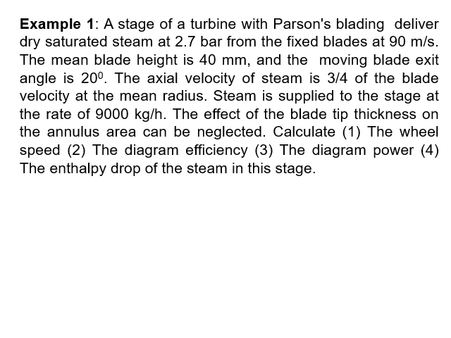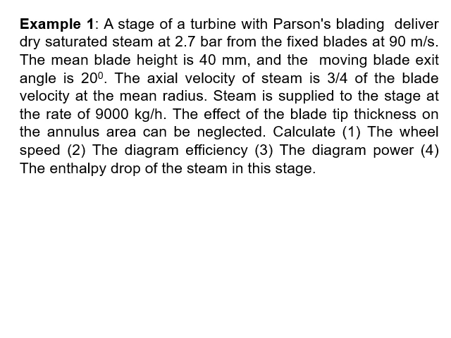Take down numerical example 1. A stage of a turbine with Parsons blading delivers dry saturated steam at 2.7 bar from the fixed blades at 90 meter per second. The mean blade height is 40 mm and the moving blade exit angle is 20 degrees.